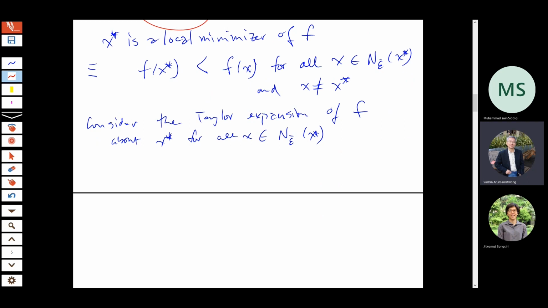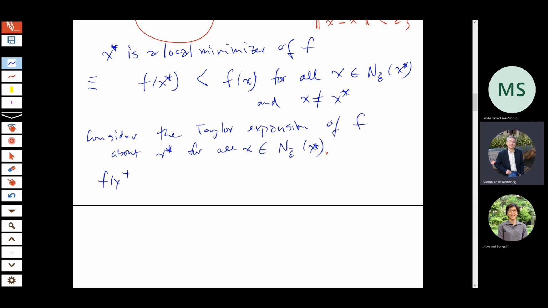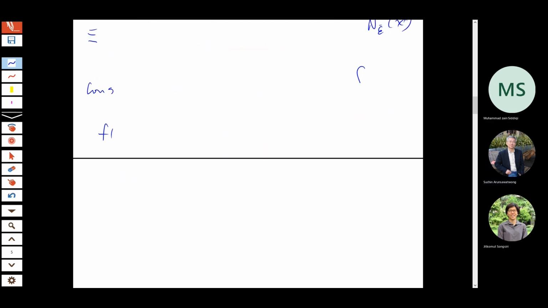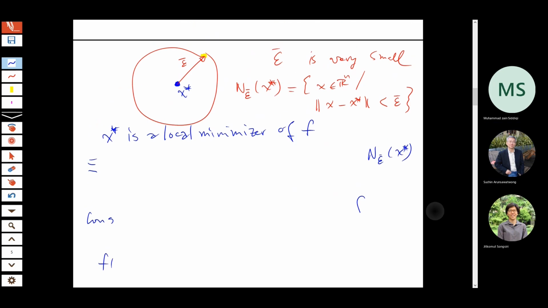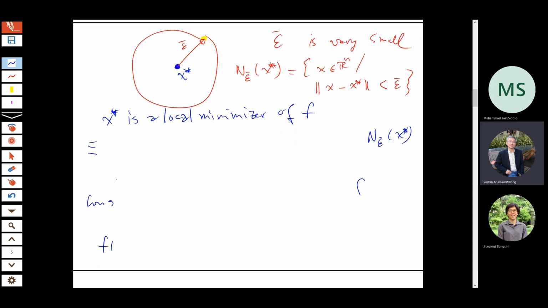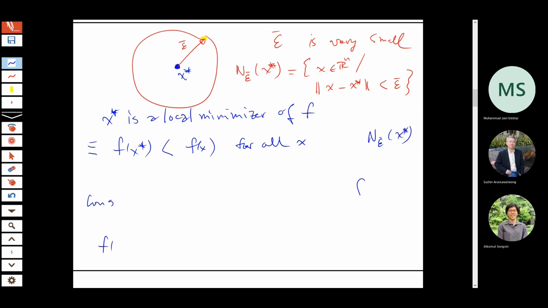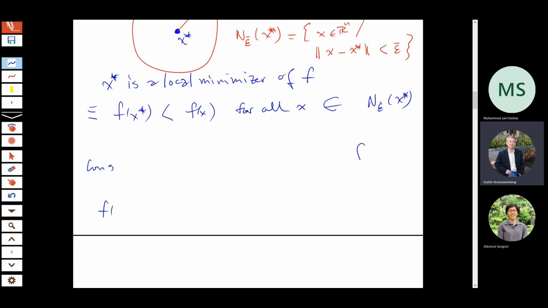So we consider the Taylor expansion. X star is a local minimum of the function, which is equivalent to f of x star being less than f of x for all x in the neighborhood, where x is not equal to the point x star.